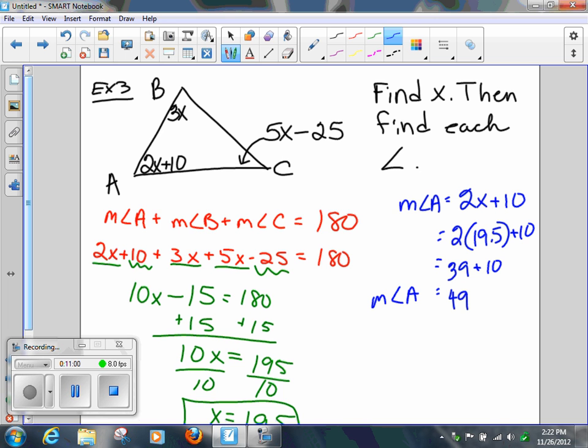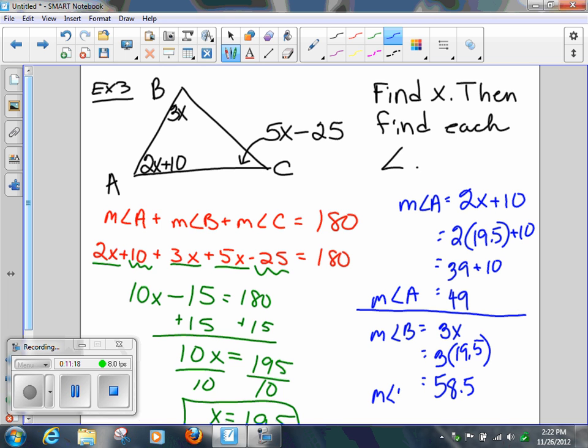Do you have 49 for angle A? Okay. And how about angle B? Angle B ought to be easy. 3x, which is 3 times 19.5. How much? 58.5.